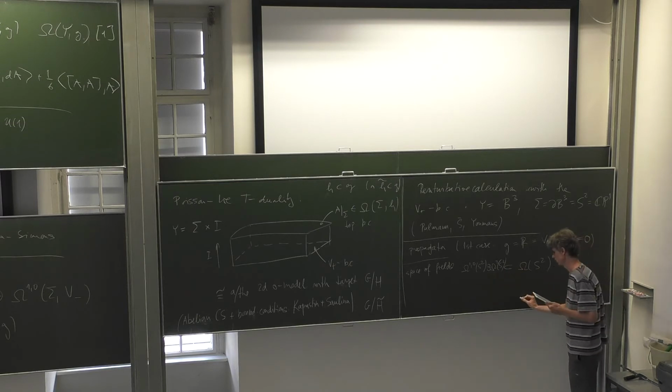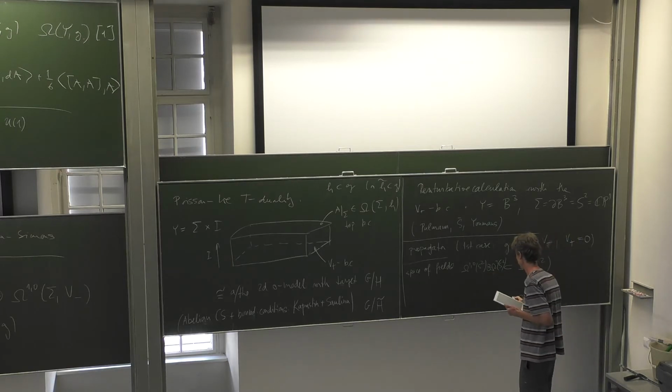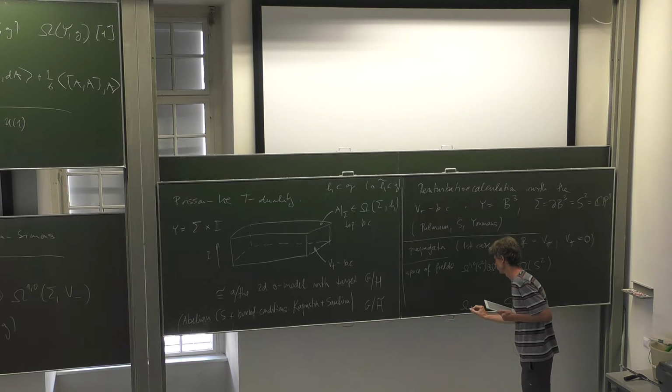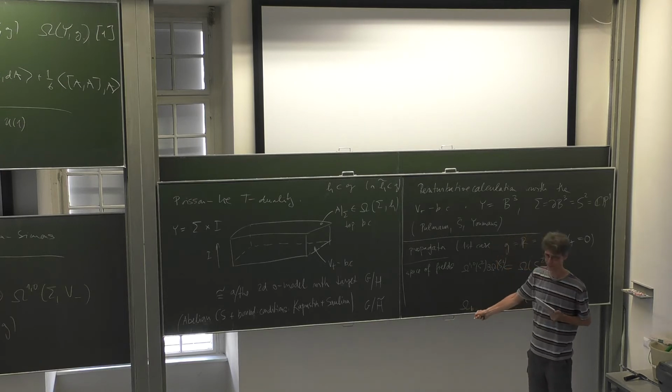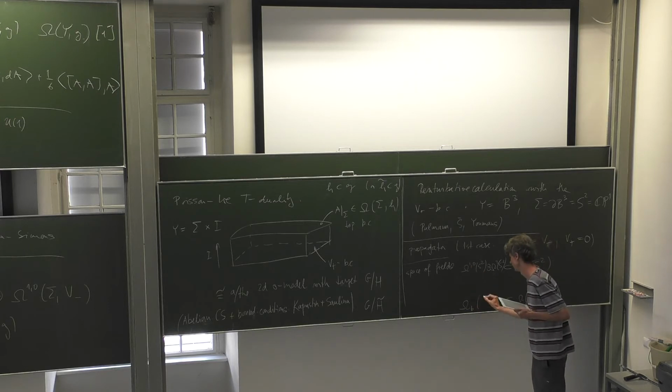So here we have omega B3. And finally, our space of fields is those forms whose boundary values are here, right? There is a stupid notation: omega B, forms on B3 that satisfy the boundary condition.